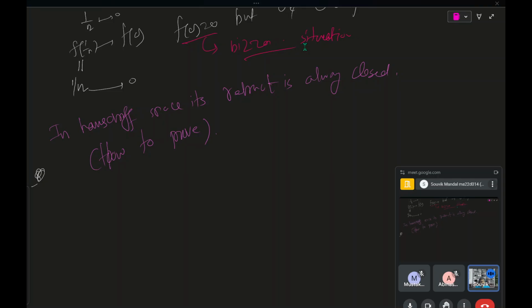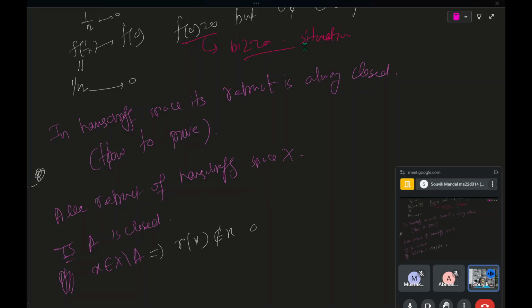So let A be a retract of a Hausdorff space X. Now we want to show A is closed. How to prove this? Let us take a point x in X minus A. So this implies r(x) does not belong to A, otherwise x belongs to A.